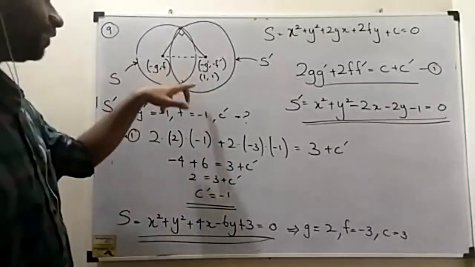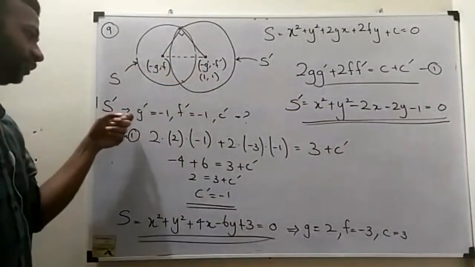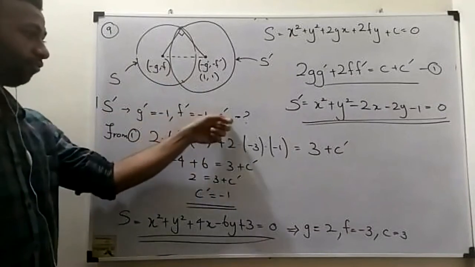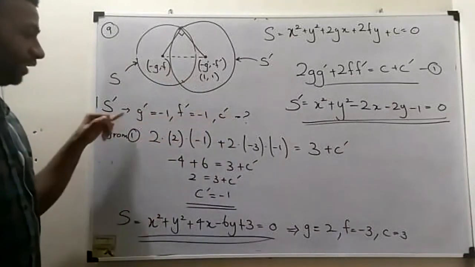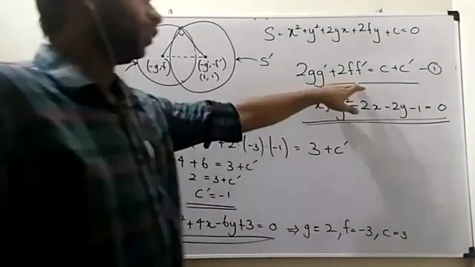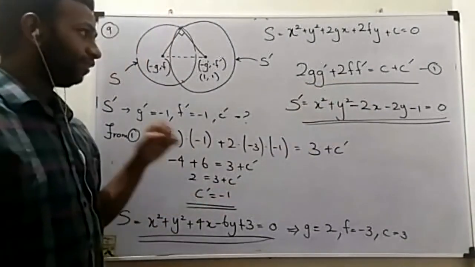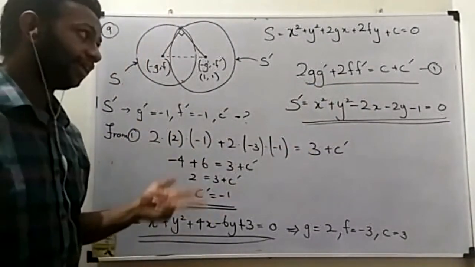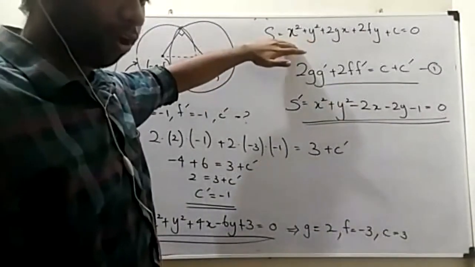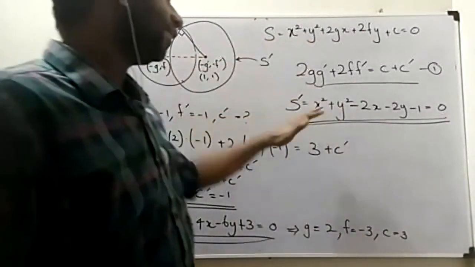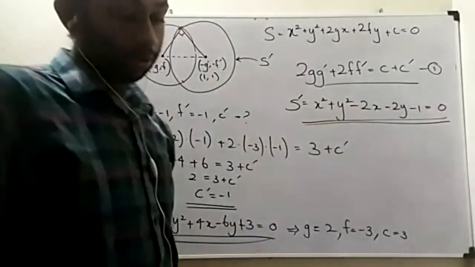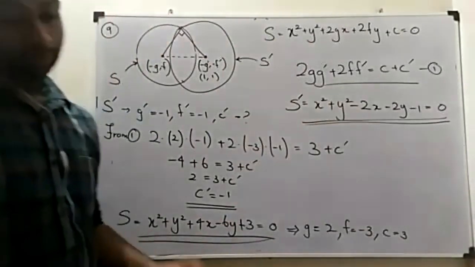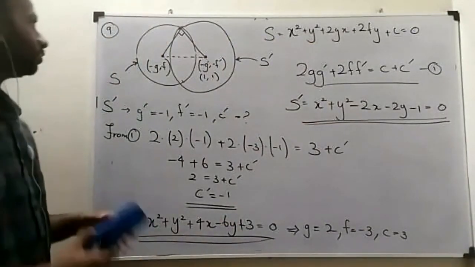From the center coordinates they have given, we can already find g dash and f dash for the circle. But to find c dash, using the equation of this and this, we substitute into this equation and we found c dash. So we know g dash, f dash, and c dash. By substituting into the common formula for the circle, we can find the equation x squared plus y squared minus 2x minus 2y minus 1 is equal to 0. So that is the end of the 9th question.